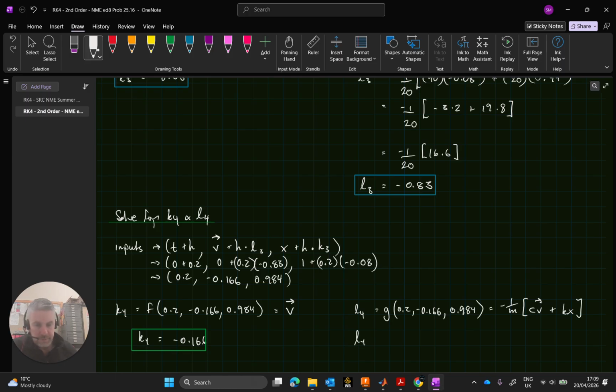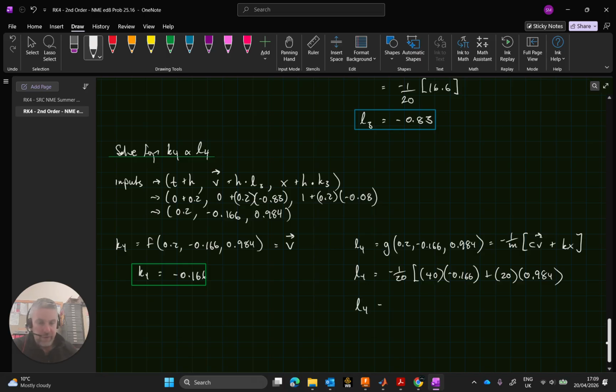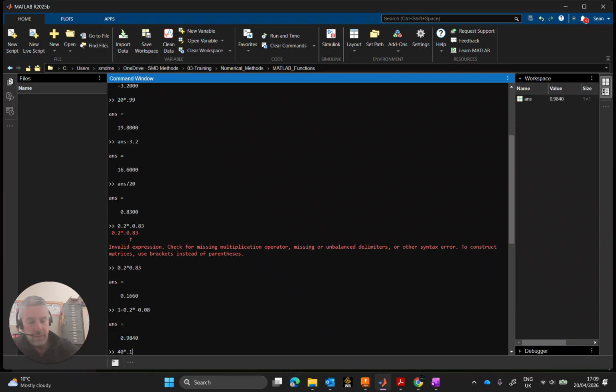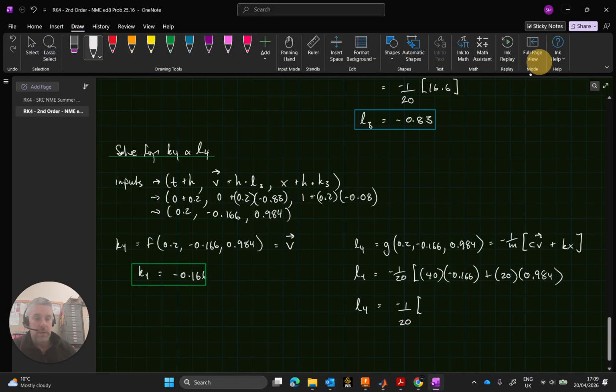So L4 is equal to minus 1 over 20 multiplied by c, which was 40, multiplied by my current v value, minus 0.166, plus my spring constant, which is 20, multiplied by my x value, 0.984. Let's work out what we have in the brackets. 40 multiplied by 0.166 gives minus 6.64.